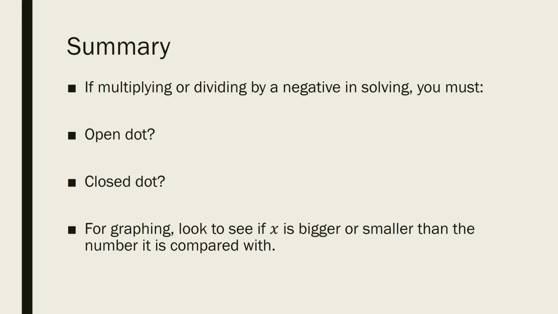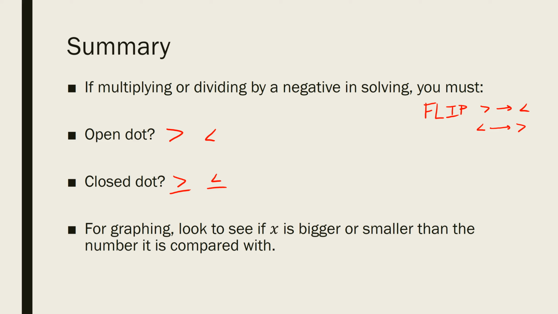All right, so summary. If multiplying or dividing by a negative in solving, you must flip the direction. So if you have this, it becomes this. You have to flip the direction. An open dot: when do I do an open dot? That would be if I have a greater than sign or a less than sign. A closed dot, remember, is showing that this number actually can equal x.